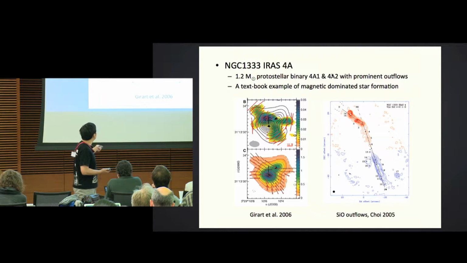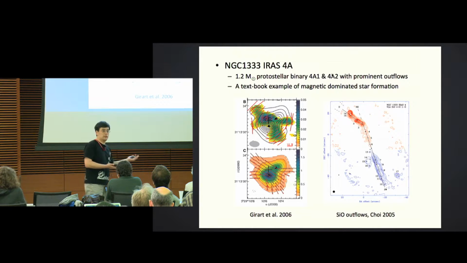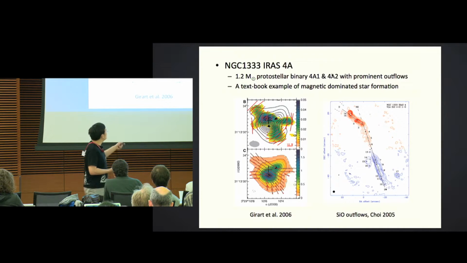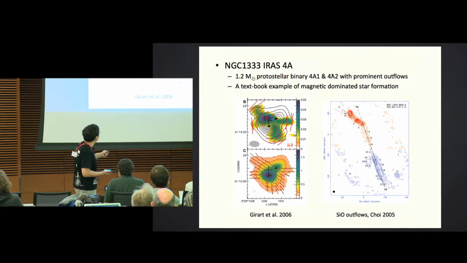The hourglass magnetic field from dust polarization shows a textbook example of a magnetically dominated star formation region, and it also launched a very prominent and collimated outflow. Here is the CO outflow from VLA. This source is a binary object, 4A1 and 4A2. These two sources are just these two dots here.